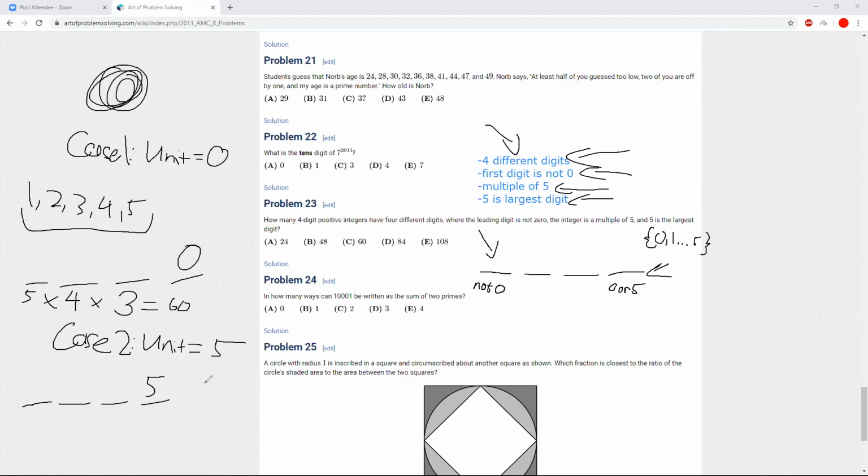And now we have the integers to choose from. We have 1, 2, 3. Oh, we have 0, 1, 2, and 4.